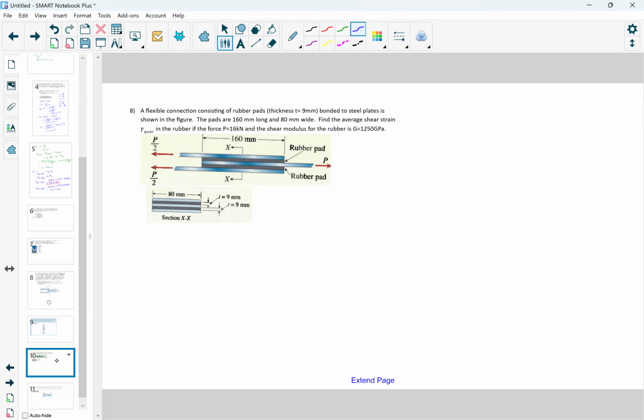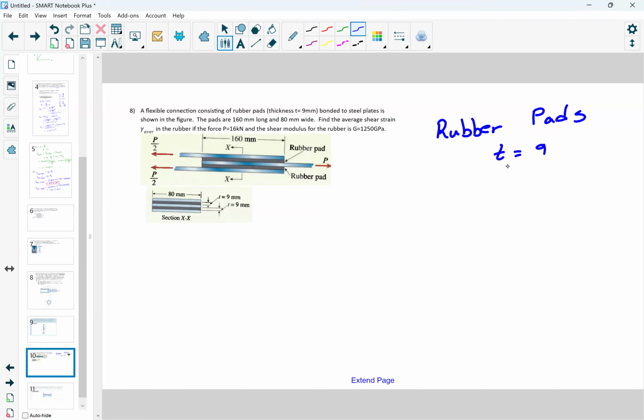So we have rubber pads, thickness T equals 9 millimeters, and it's bonded to steel plates. And we're given the length of the pads. So we know T equals 9, so my thickness is 9.